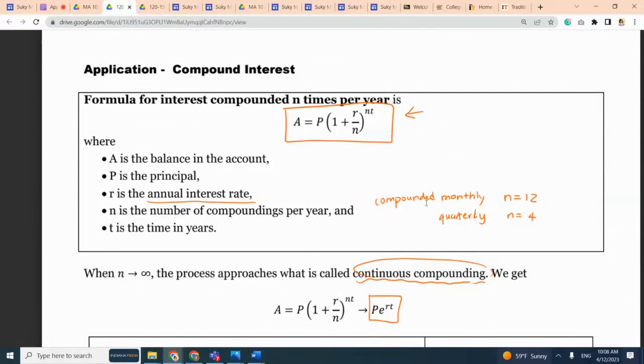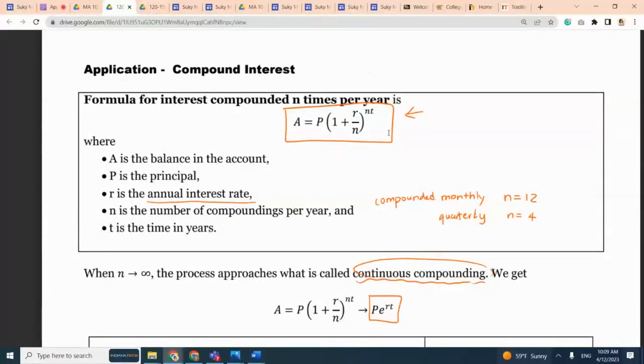For example, if the interest is compounded monthly, then how many months in a year? 12. If it's compounded quarterly, you have 4 quarters in a year, right? So n equals 4. So n is the number of compoundings, and t is the time in years.